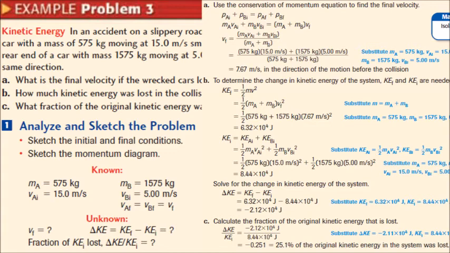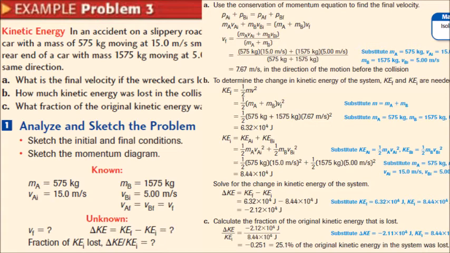Now let's determine the change in the kinetic energy of the system. So my final kinetic energy would be 1/2 times the sum of their masses, since they are stuck together, times their final velocity squared. Working that out, I get a final kinetic energy of 63,200 joules. Now I'll take a look at my initial kinetic energies.